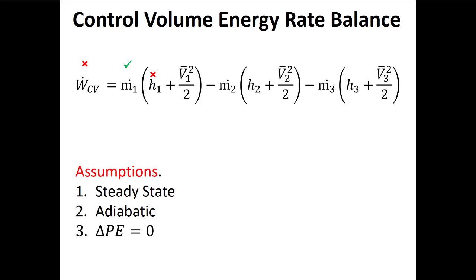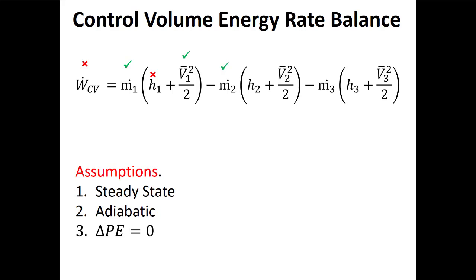I don't know h1 because I haven't fixed the state yet. I know V1 here, because I assumed V1 was equal to V3. We know V2 and V3 because we solved those already, but we didn't know V1, so we assumed V1 is equal to V3 because we didn't know what V1 was in the original problem.